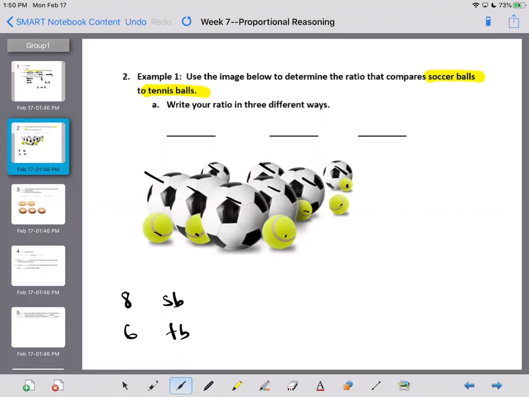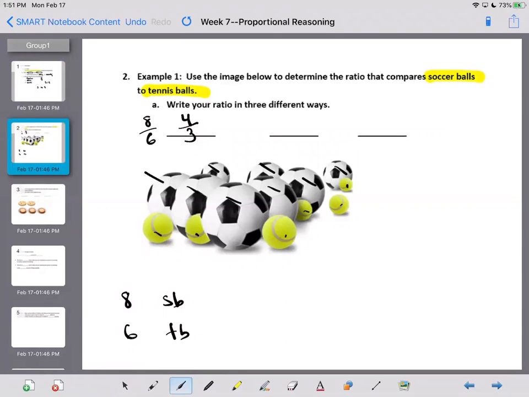So if we wanted to write that in 3 different ways, comparing soccer balls to tennis balls, we could say 8 to 6. And that is not simplified. So if we wanted to simplify that, we could say the same as 4 to 3. And notice that similarity of equality is not done by sums or differences.